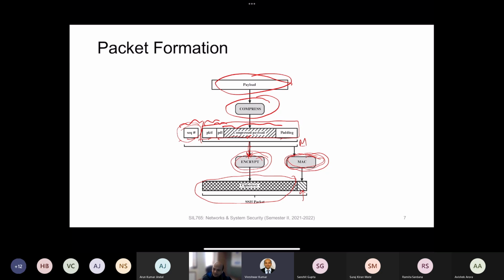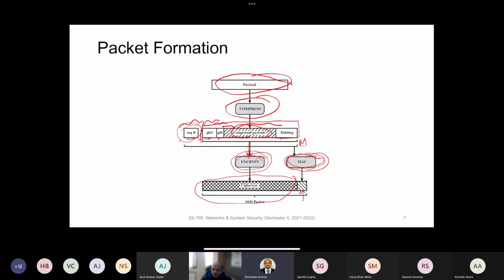Whatever block cipher is being utilized in that encryption algorithm, you have to make sure that the input is equal to the block size. After you do the compression of the data, you do not know what will be the size of the compressed payload, and therefore you will need to add a corresponding number of bits to make it equal to the block size.